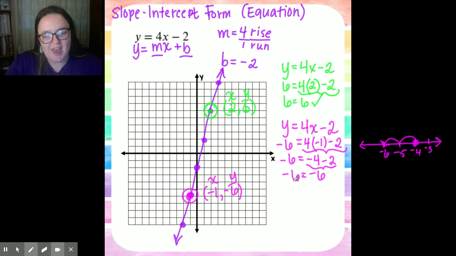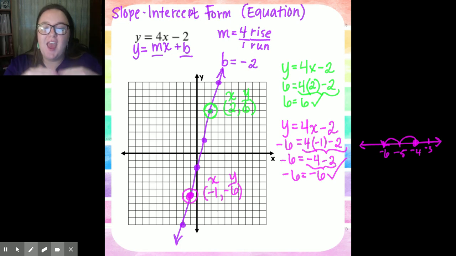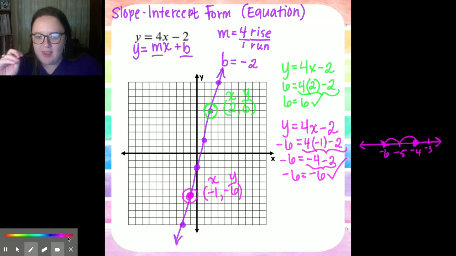So look at that. Does -6 equal -6? It does equal each other. So that is another good point. And it's on the line. That's how equations work. Any point on that line, you could substitute in and you could get a perfect equal to answer.